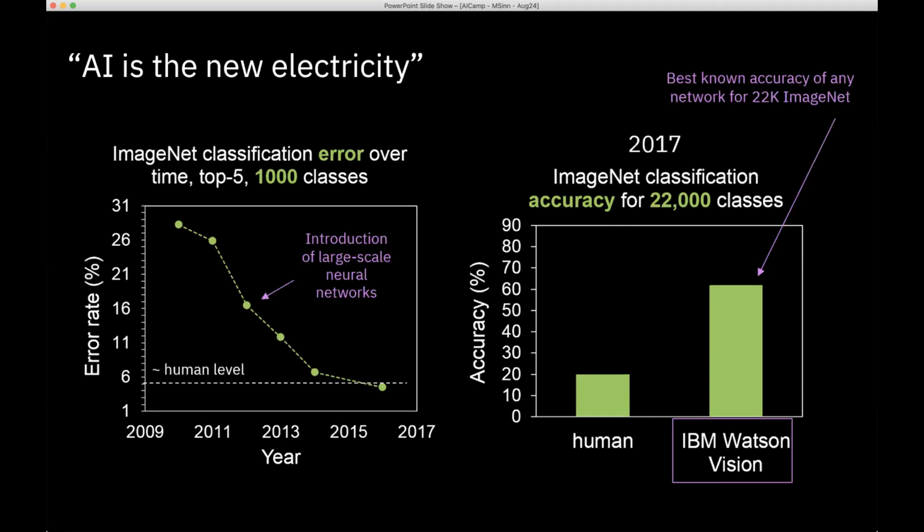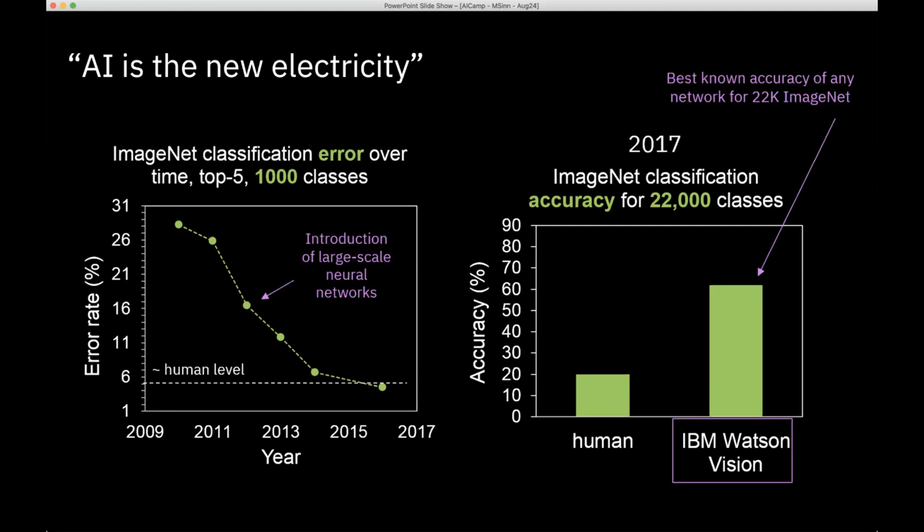Of course, there's a lot of hype around AI, but I like to show this chart because it shows the substantial advancements that have been made over the past decade or so. On the left-hand side, you see the error rates that modern neural networks achieve on an important image classification benchmark, where over the last 10 years, error rates have consistently gone down.